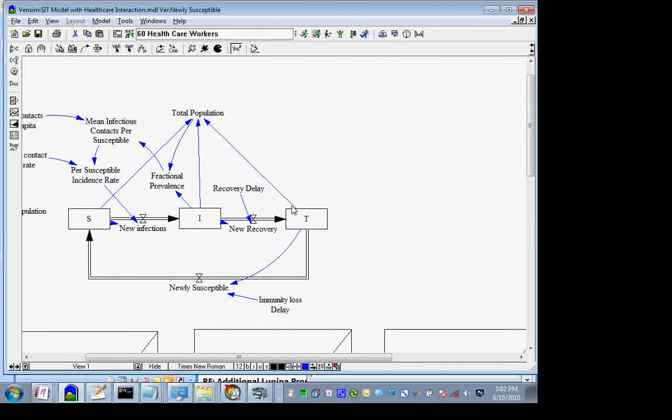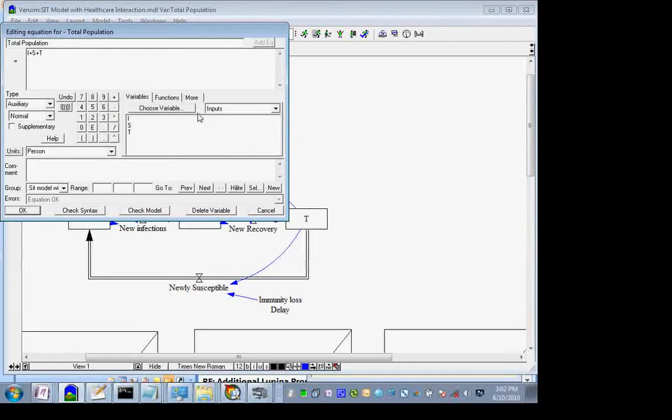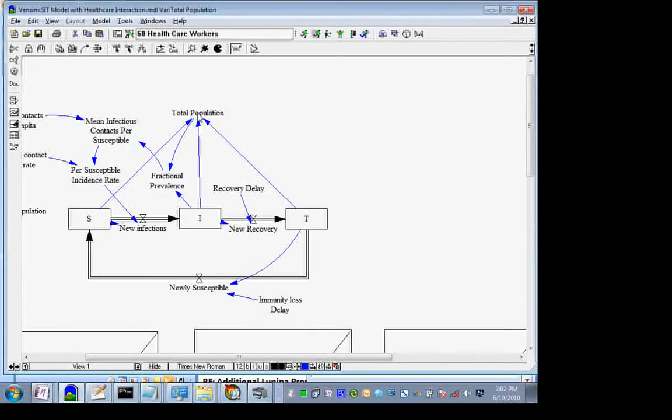Okay, so this is person. So the total population, I plus S plus T. So what does that got to be? We're saying person. Yeah, it's got to be whatever these things are. If it were adding up a flow to these two, that would be nonsensical. Now you're adding something per day to a stock, which is people.